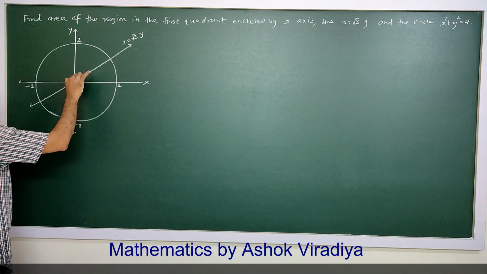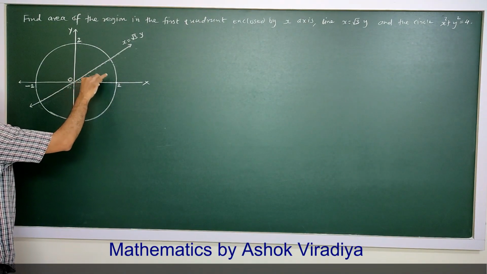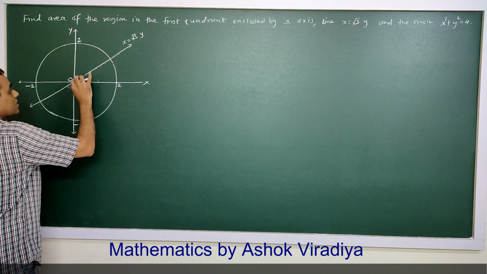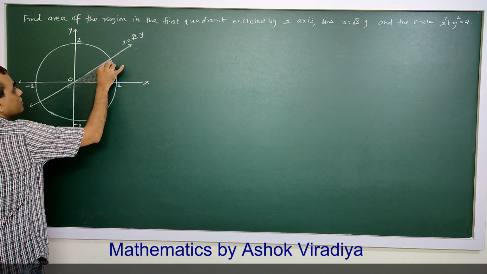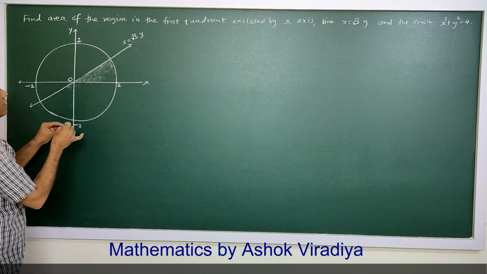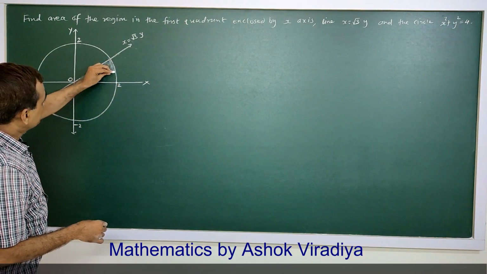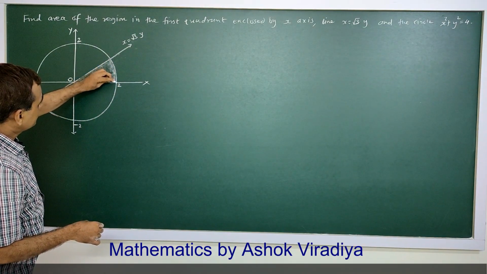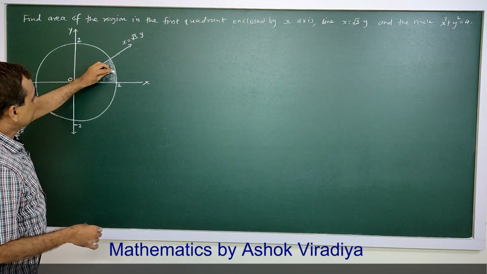So we want the area of this region. This is the required region. It is in the first quadrant.